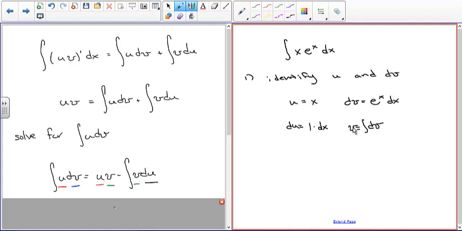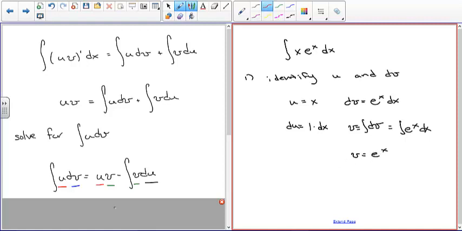I said that the v part of integration by parts is just the integral of dv. Well, I chose dv to be e to the x dx, and that integral is in your tables, so I can do that. The integral of e to the x is just e to the x. Now I don't add c, just like with the integrating factor. I don't add the constant c. I just integrate it by itself.